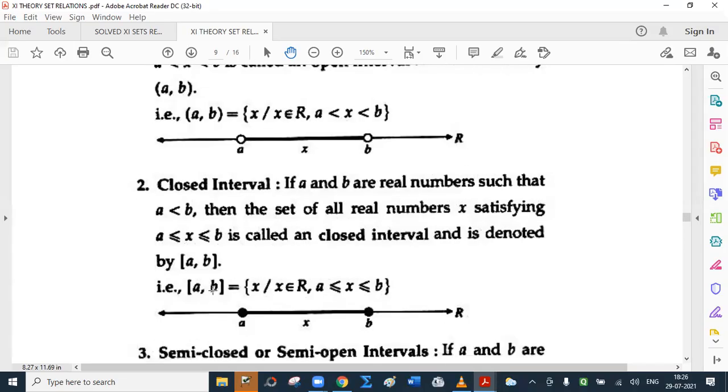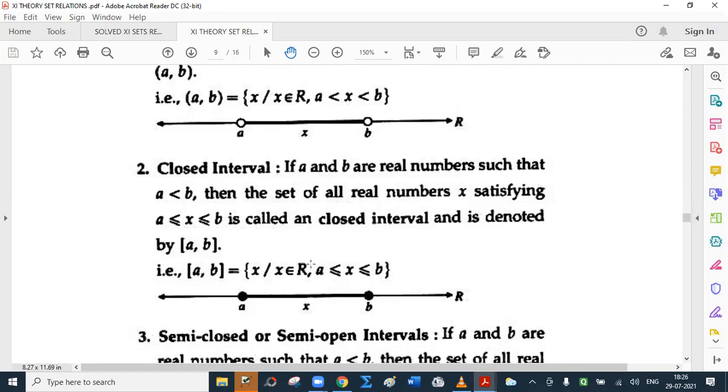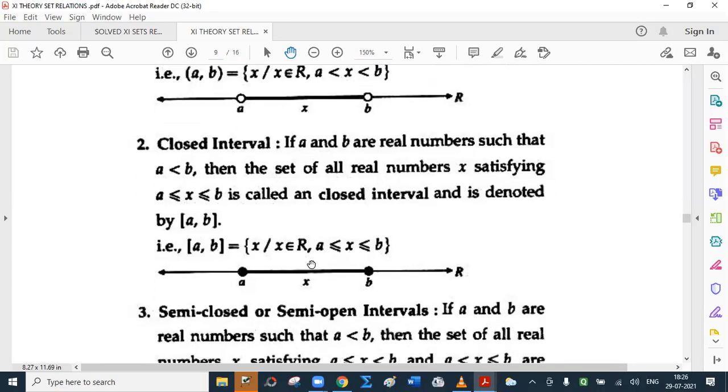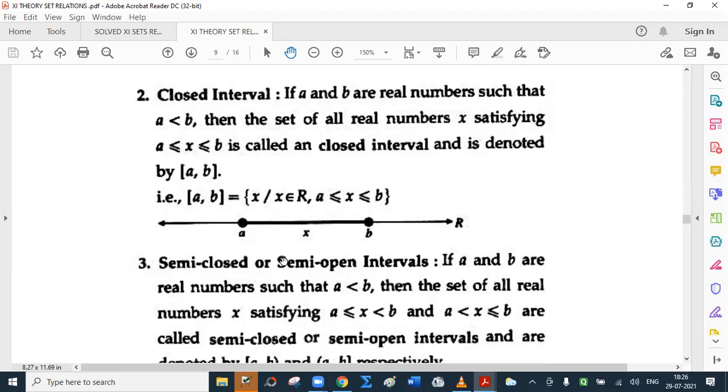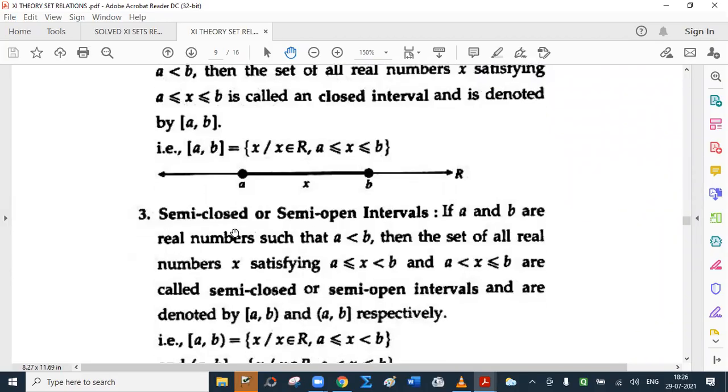So closed interval [a, b] is read as the set of all x such that x is a real number and a ≤ x ≤ b. Dark circles are used, which means a and b both are included in the interval.